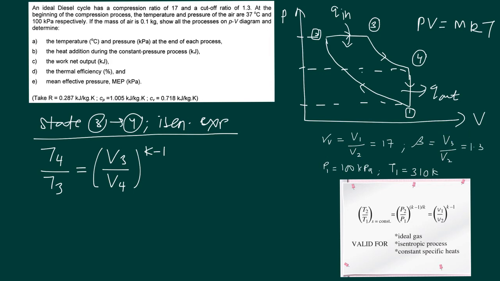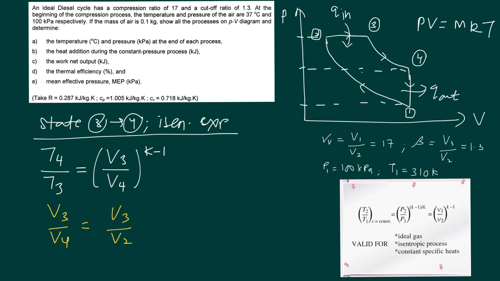So you are looking for your V3 over V4, and we have V3 over V2. And in order to obtain this V3 over V4, we need to get rid of this V2. So we have this V2 in your compression ratio over here, and please note that your V1 is actually equal to your V4.